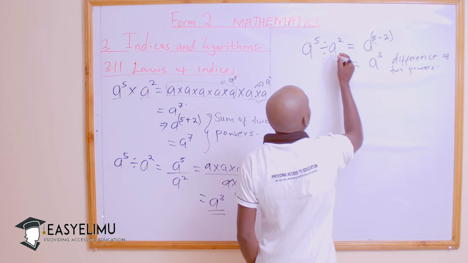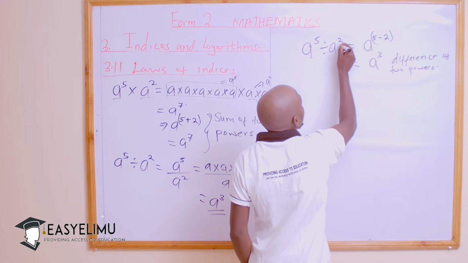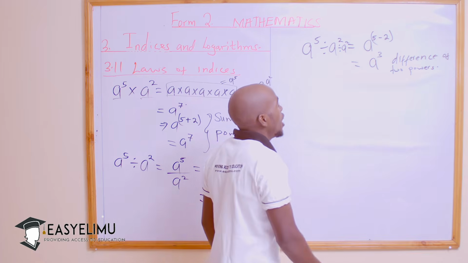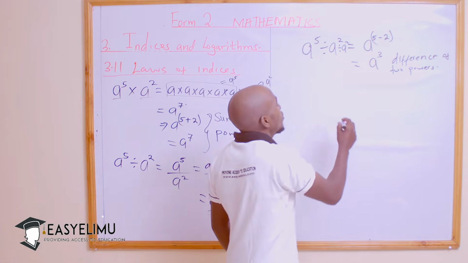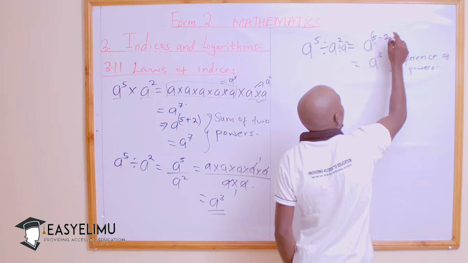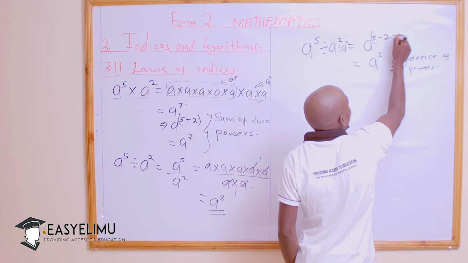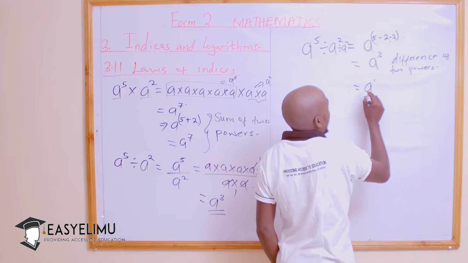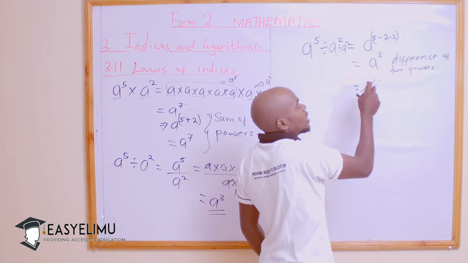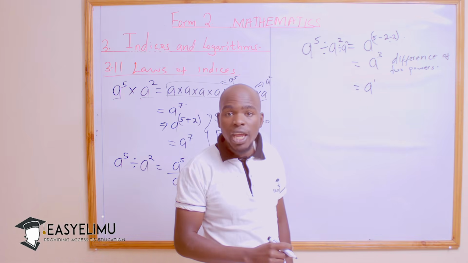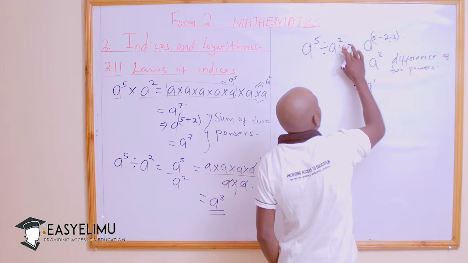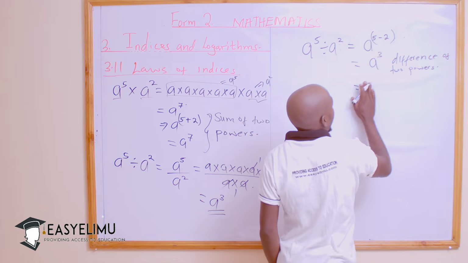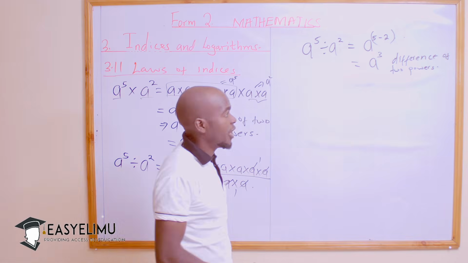For example, this one could be divided again by 2a raised to 2, and you could include minus 2 so as to have a raised to 1. In that case we shall say it is a difference of 3 powers. But for our case, this one was excluded, and we got a raised to 3.